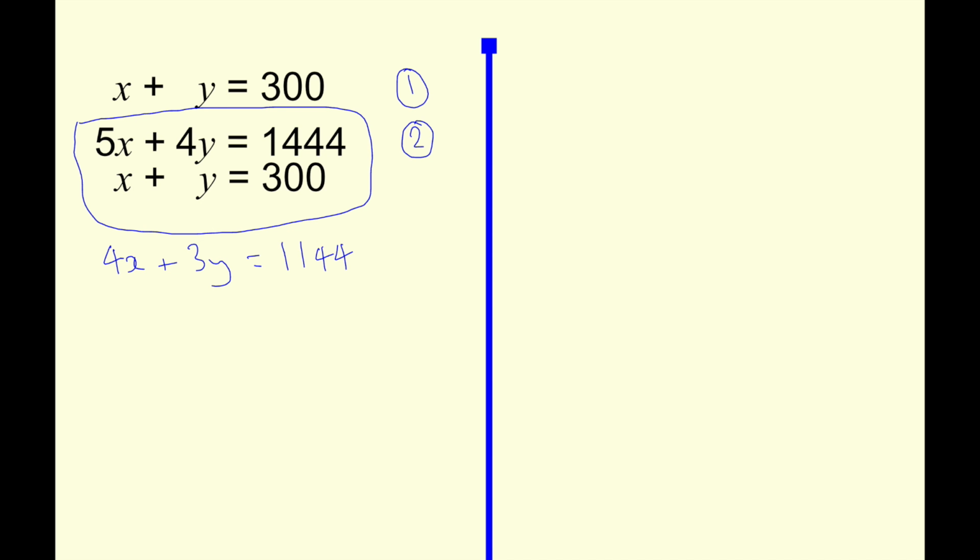And if we keep on taking off one of these, eventually we will eliminate one of the letters. So let's just have a look. 4x, take away x, 3x, 3y, take away y, 2y, 1,144, take away 300, 844. And we can do this again.